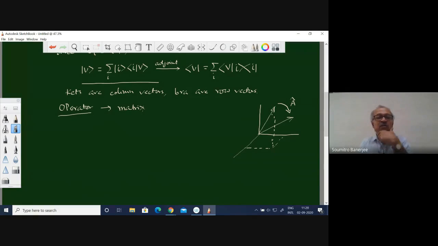So we have to find out what the character of that matrix will be. But one thing is clear: if we know the action of the operator on the basis vectors, then we know the action of the operator on any vector.